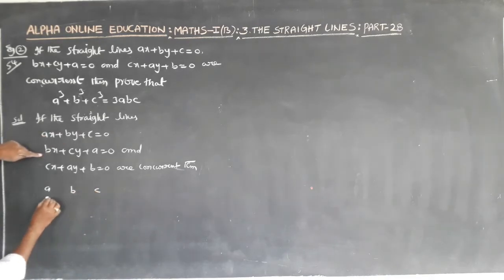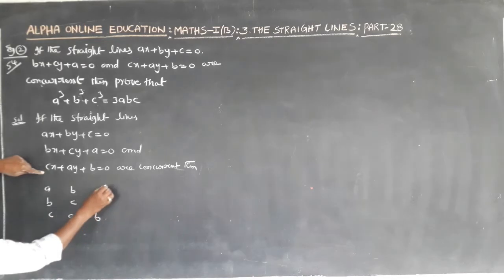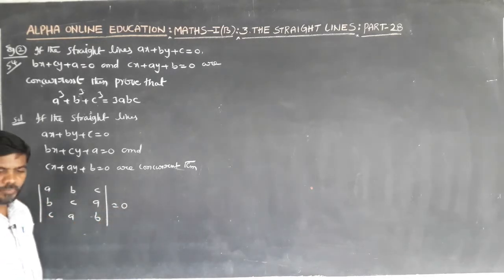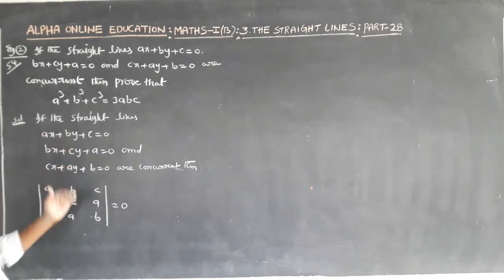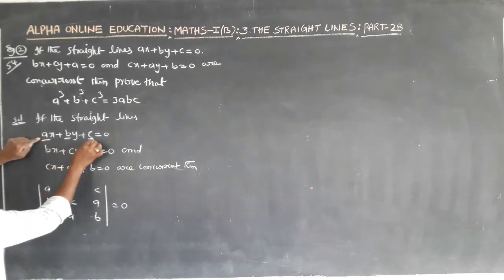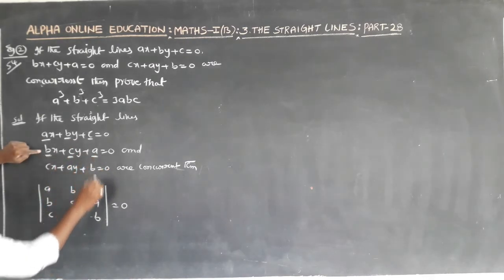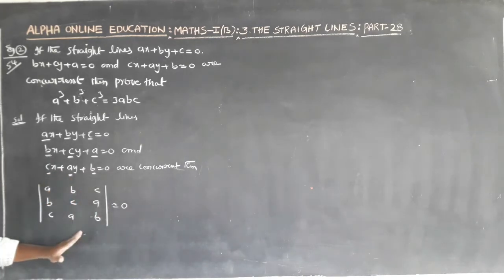Rows: a, b, c; b, c, a; c, a, b is equal to 0. If the lines are concurrent, the determinant value is equal to 0. X coefficient, y coefficient, constant in each row is equal to 0.